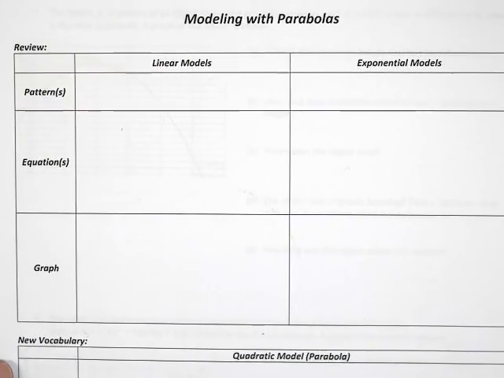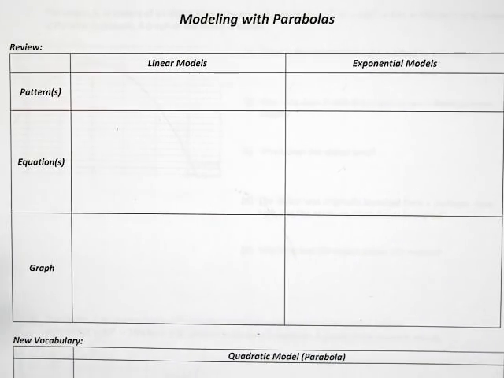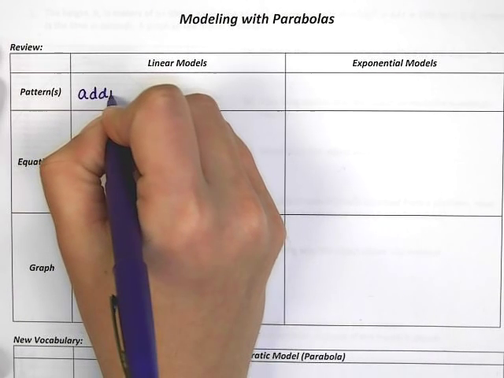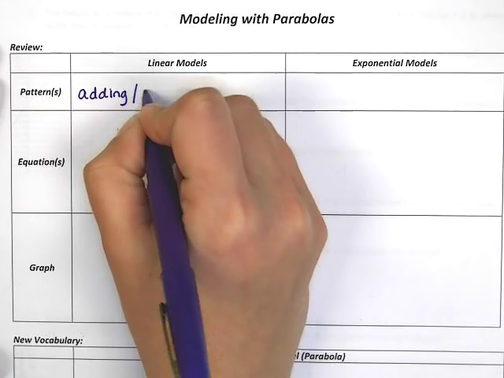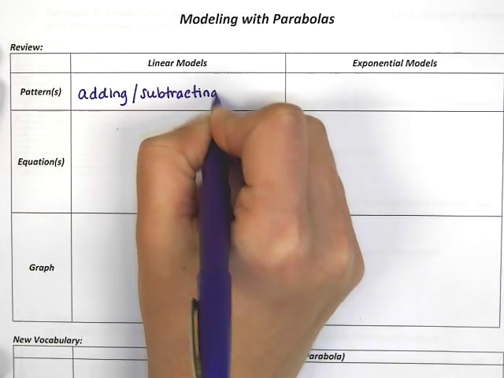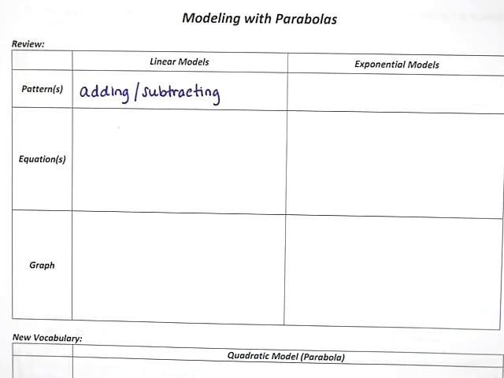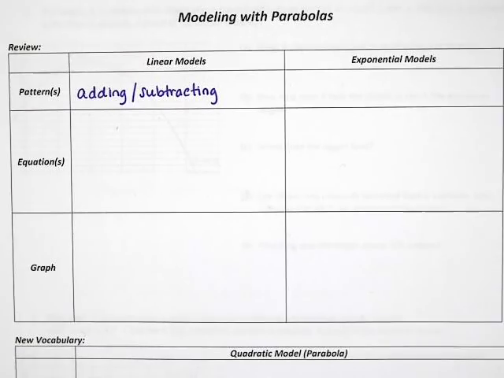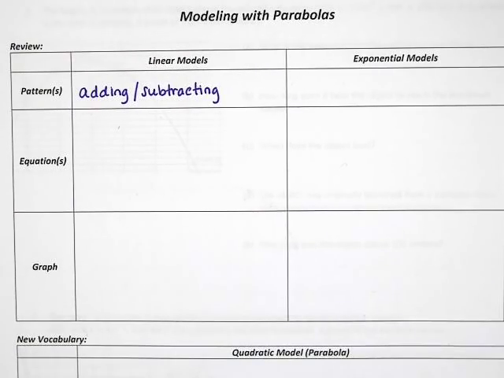When we first learned about linear models, we said that the patterns you look for to determine that you're supposed to be using a linear model would be an adding or subtracting pattern. So we're going to use a linear model when the same value is being added or subtracted from our initial value every single time.